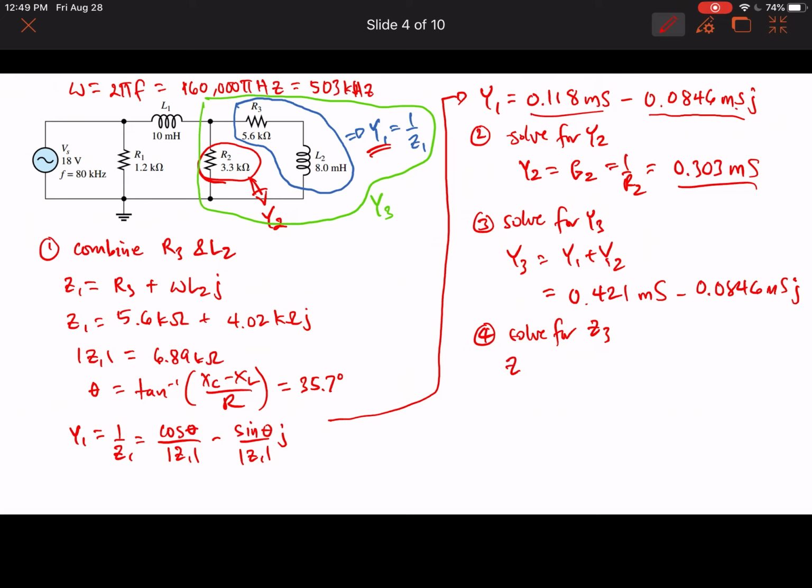So Z3 is equal to 1 over Y3. Again, we already know how to do this. Just get the real component of Y3 and the phase angle, and then use this same equation here.